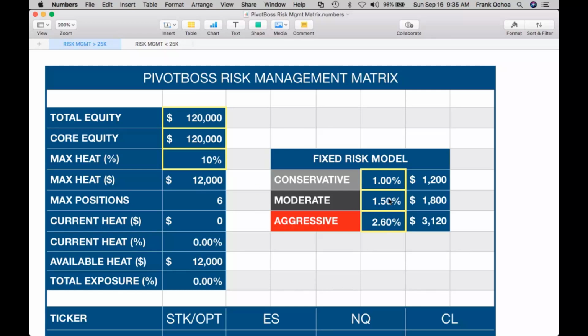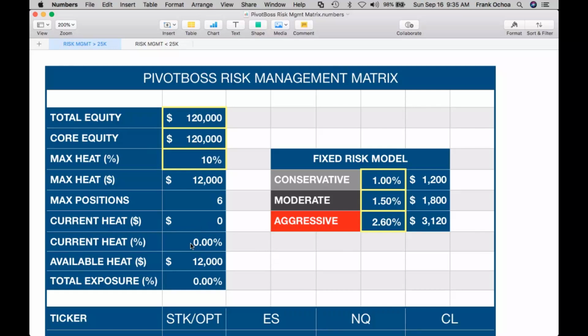And if you are using the 1.5% moderate fixed risk model as your main trade allocation, for example, then 6 positions would go into 12K. So you can have 6 simultaneous positions at that allocation. The current heat would tell you how much you do have at risk at the moment.